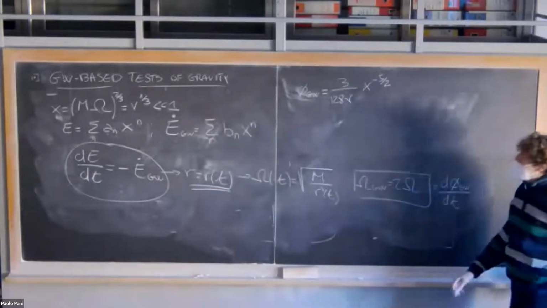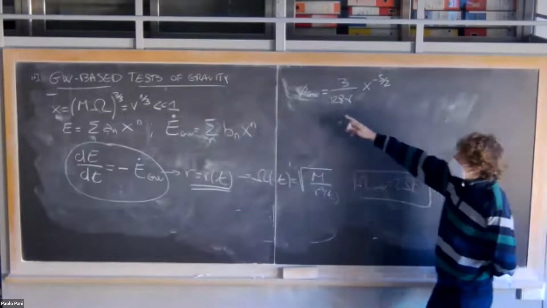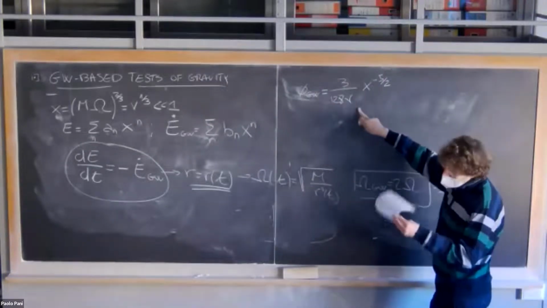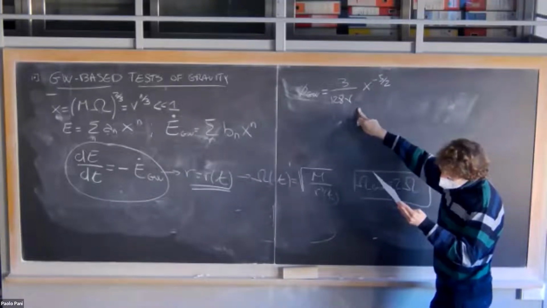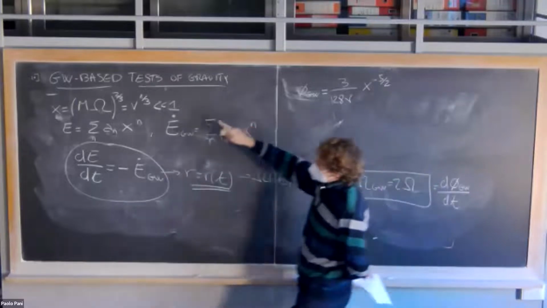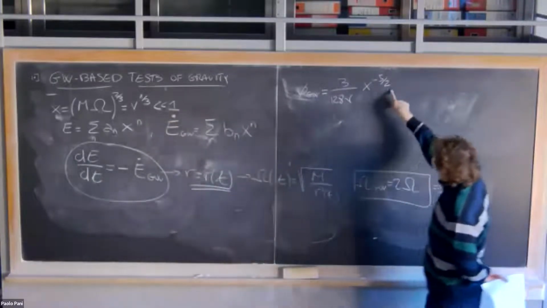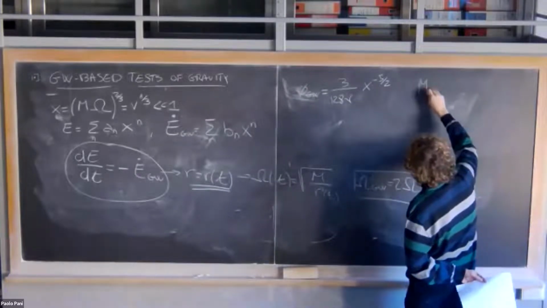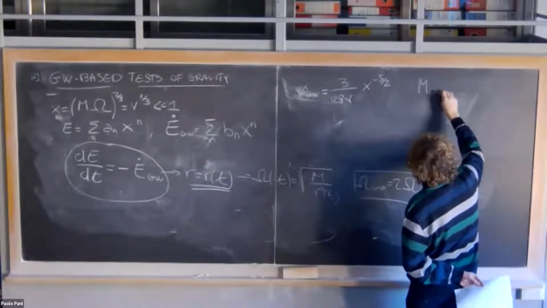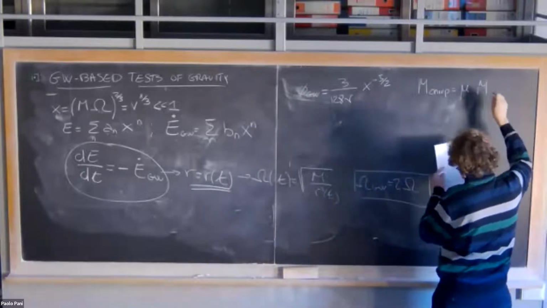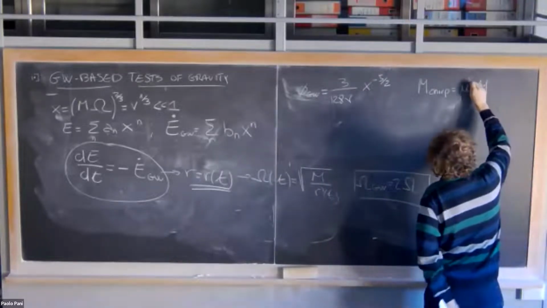To leading Newtonian order, the gravitational wave phase depends on a given coefficient, remember? And on some power of this parameter x, in particular x to the minus 5/2. And in fact, it depends on what is called the chirp mass, which is mu m to the 2/5.